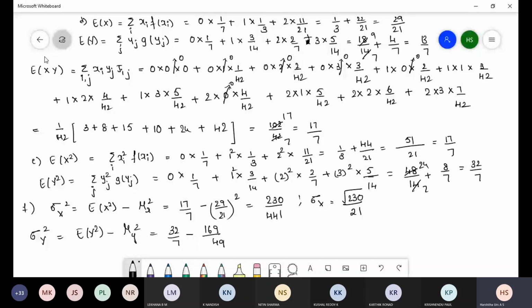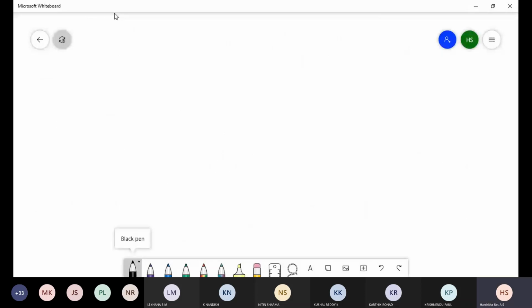Again LCM will be 49. So square root of 55, I will write as it is, over square root of 49, which is 7. This is the answer for the sixth one. Sixth one is over. Seventh one.